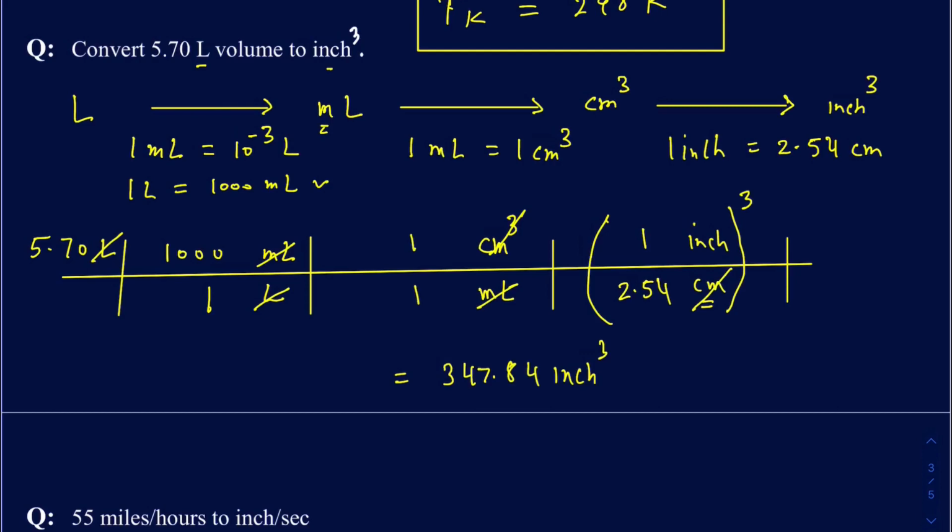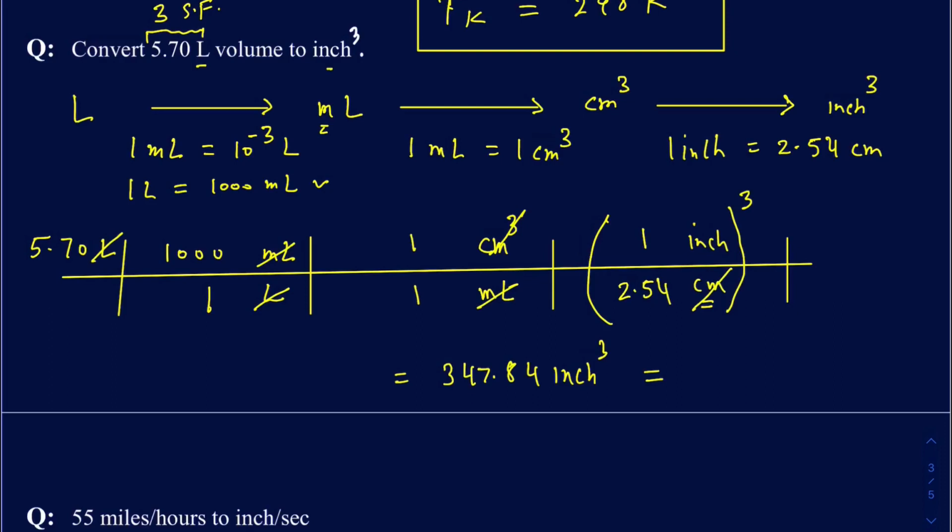And then you have to worry about how many sig figs you want to use here. Throughout the calculations, you did either multiplication or division, so you want to use the lowest sig fig rule. The original number in the question is 5.70, and that has 3 significant figures. Since it has 3 sig figs, our answer should have only 3 sig figs as well.